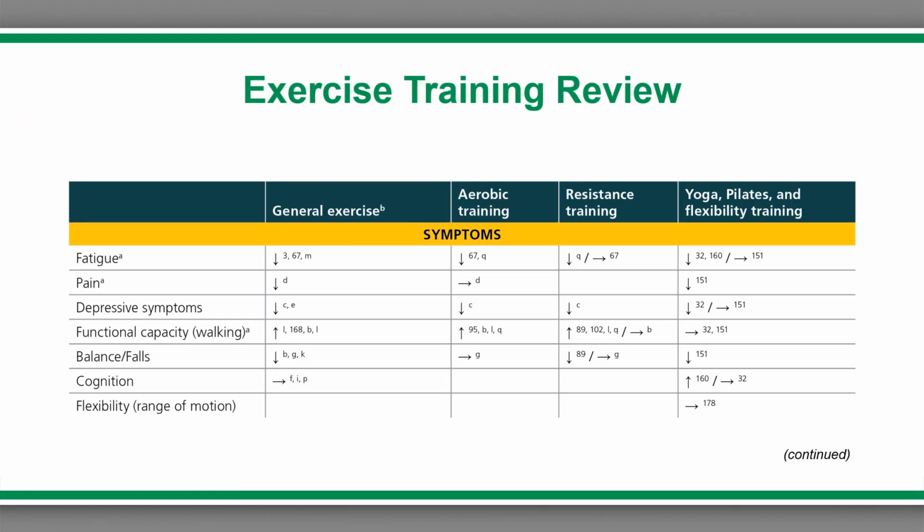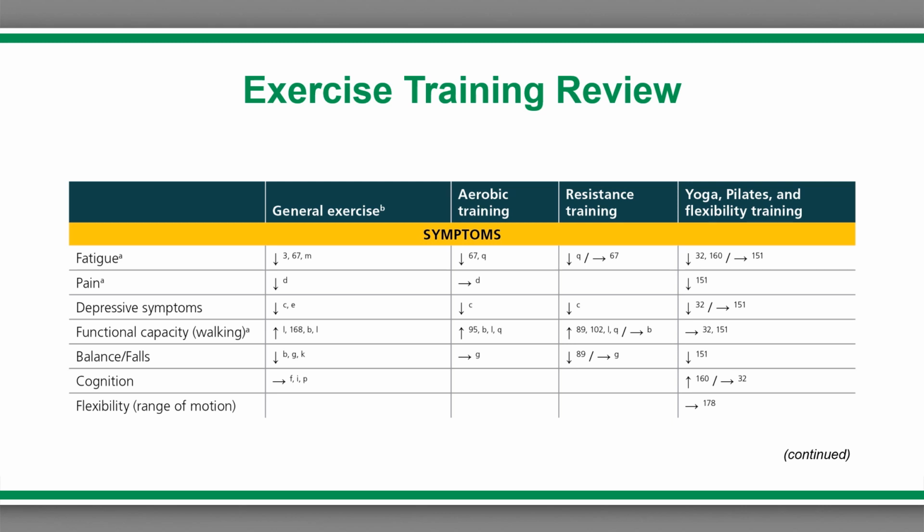What does exercise do? Well, generally, aerobic exercise is going to have benefits for fatigue, depression, and improved function, and really that's the primary role of aerobic exercise. Resistance exercise is going to help with fatigue, depression, function, but also help with balance.